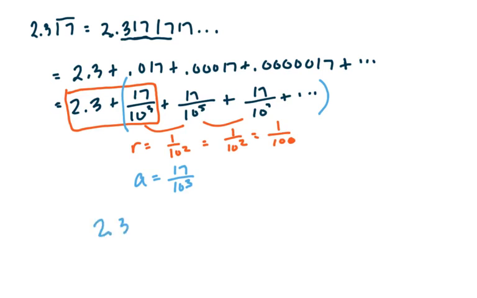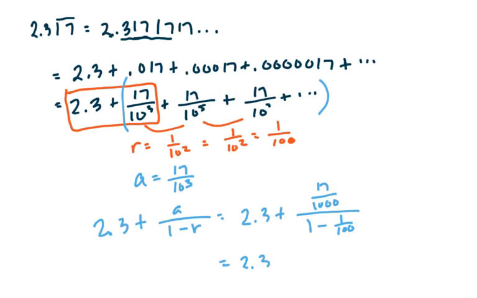So we're going to say 2.3 plus A over 1 minus R. So we have 2.3 plus A is 17 over 10 to the third, which is 1,000, over 1 minus R, which is 1 over 100. So we have 2.3 plus 17 over 1,000 divided by 1 minus 1 over 100 is 99 over 100.